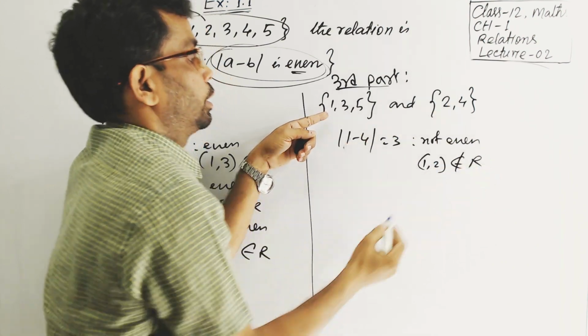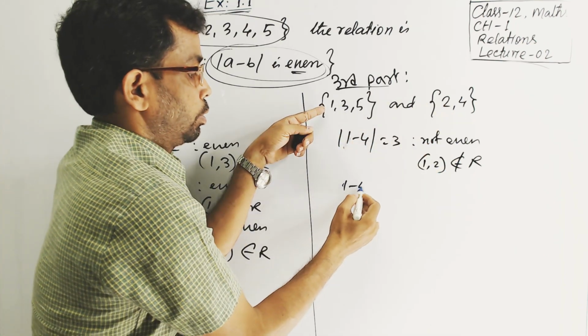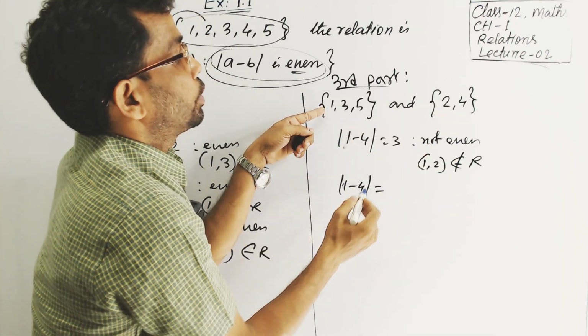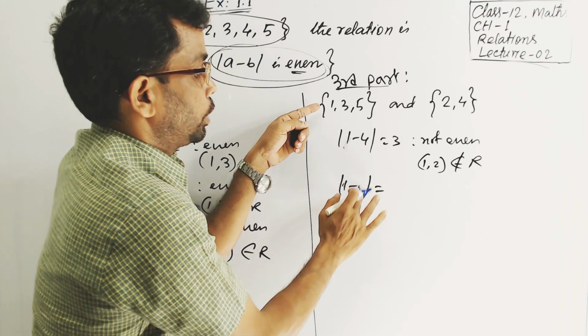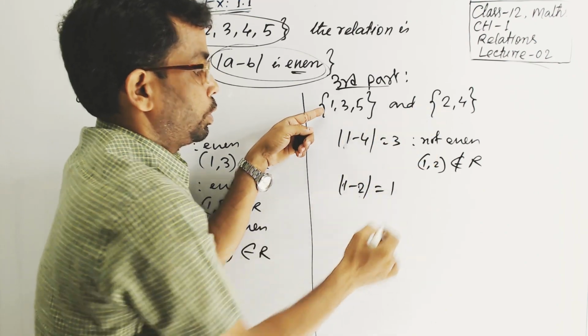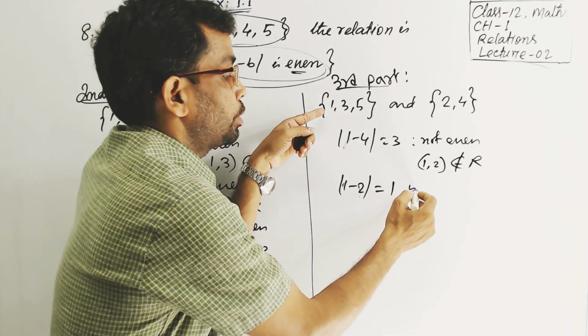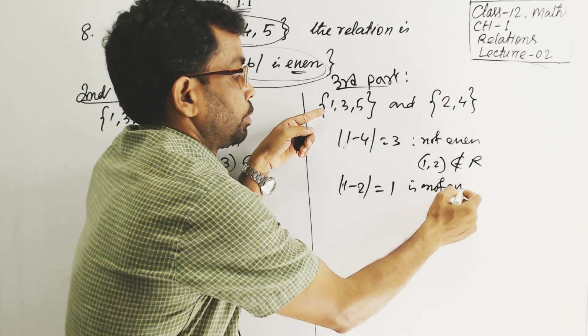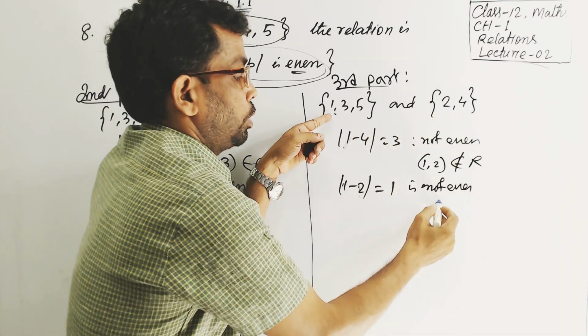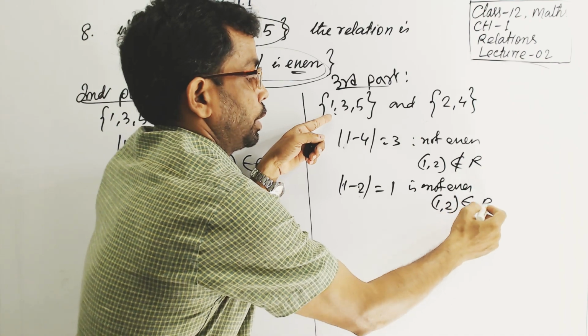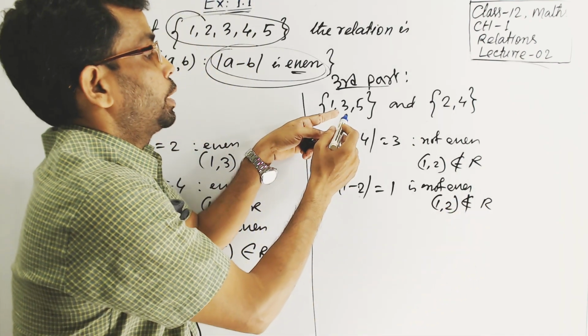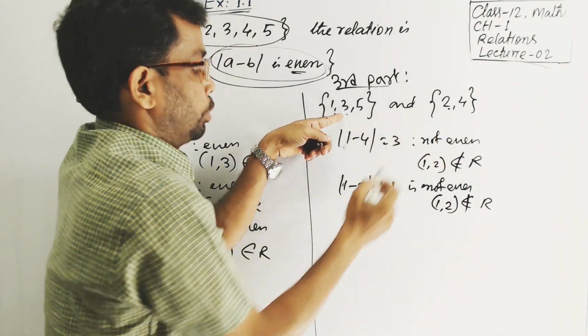Now if we take 1 with 2, the difference is 1. That means again it is not even. So 1 and 2 are also not related. Same way we can explain, you can take 3 and 2.